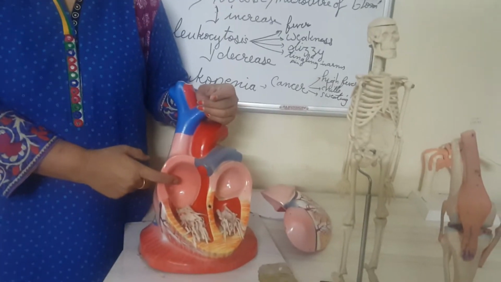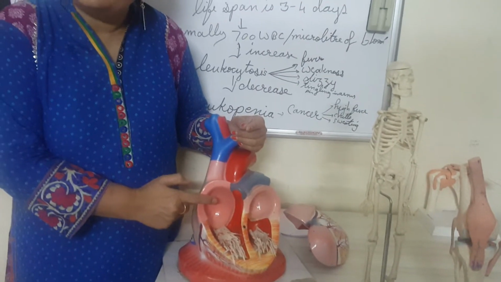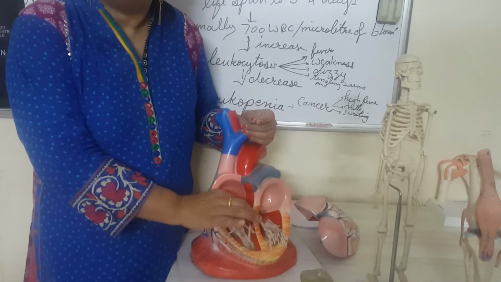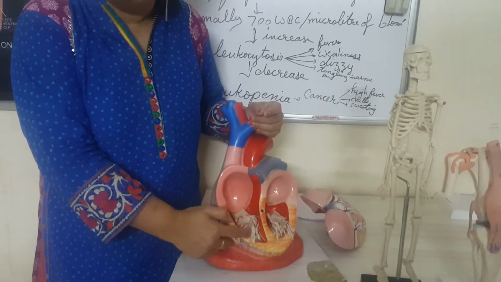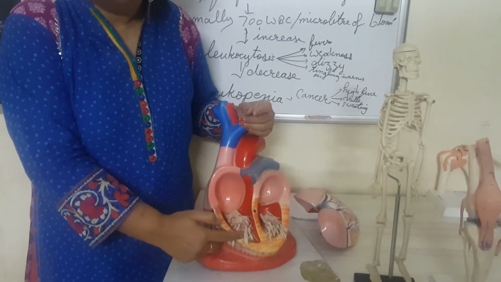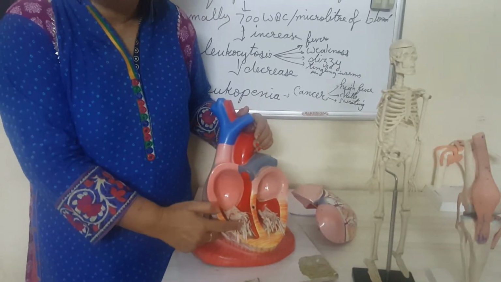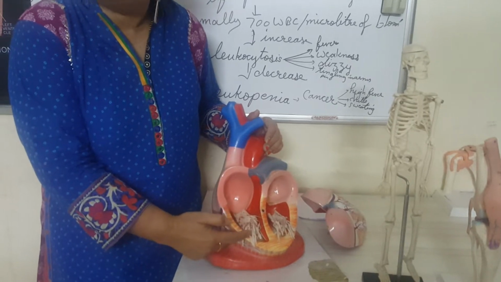Both vena cavas, the superior vena cava and the inferior vena cava, pour the blood into the right atrium. This is your right auricle or right atrium. From the right auricle, the blood is poured into the right ventricle through this valve known as the tricuspid valve. Once it reaches the right ventricle, this is dirty blood, impure blood, rich in carbon dioxide. So this blood needs to be purified.